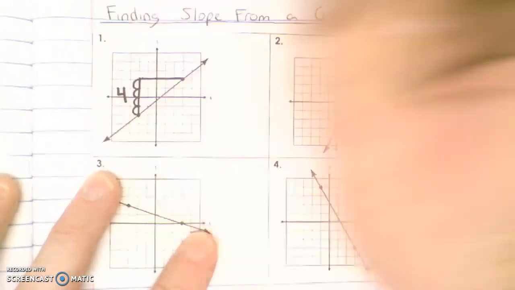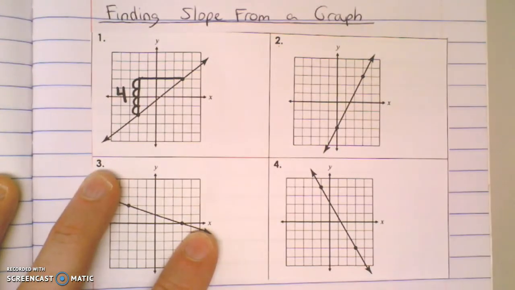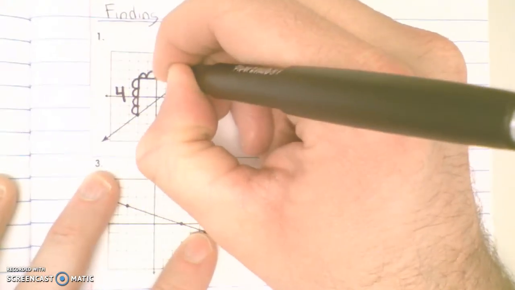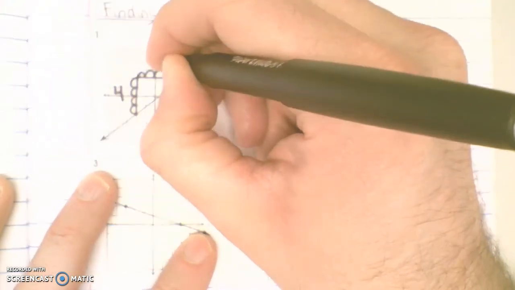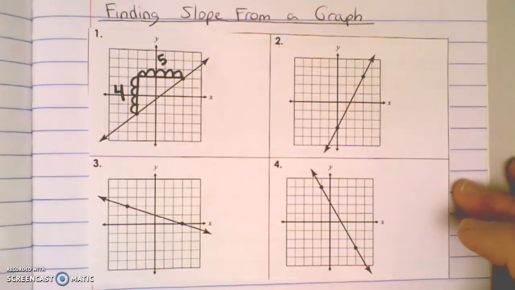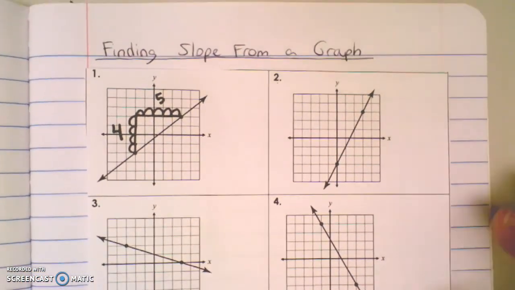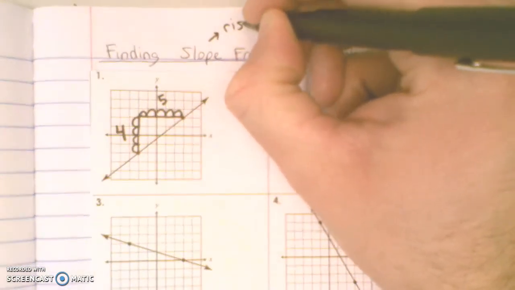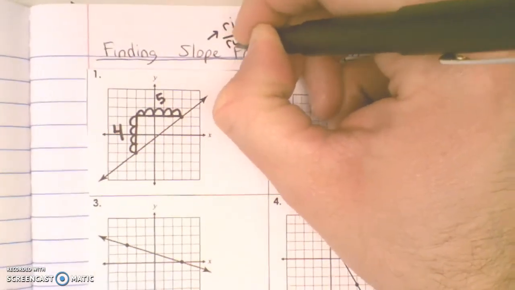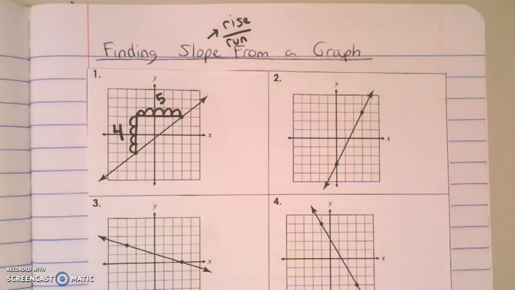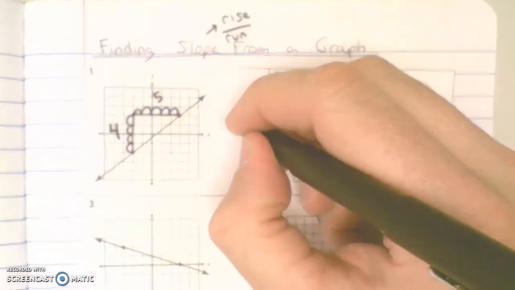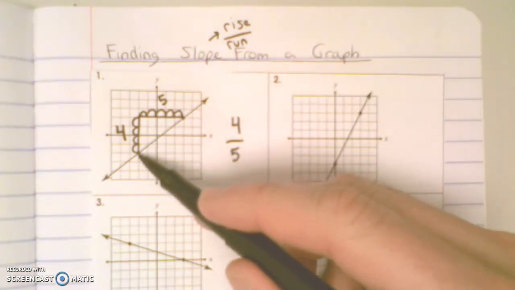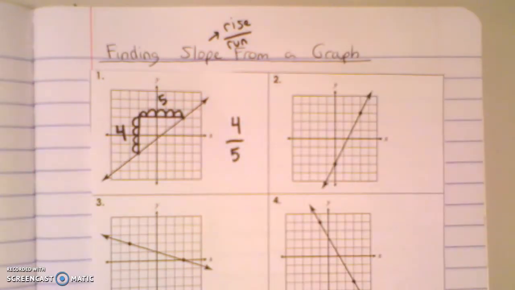I'm moving 4 spaces up. 1, 2, 3, 4, 5 to the right. So remember, slope is rise over run. So my slope here is 4 over 5. It's the vertical movement over the horizontal movement.